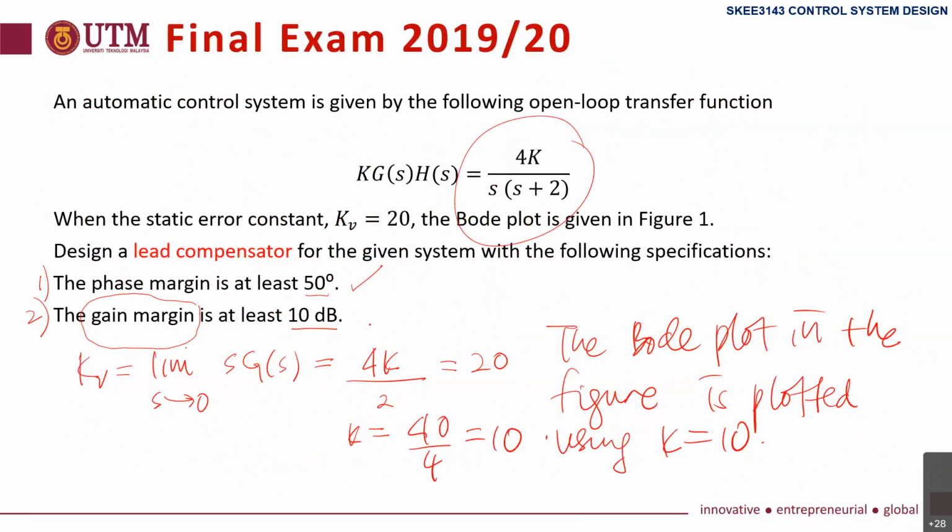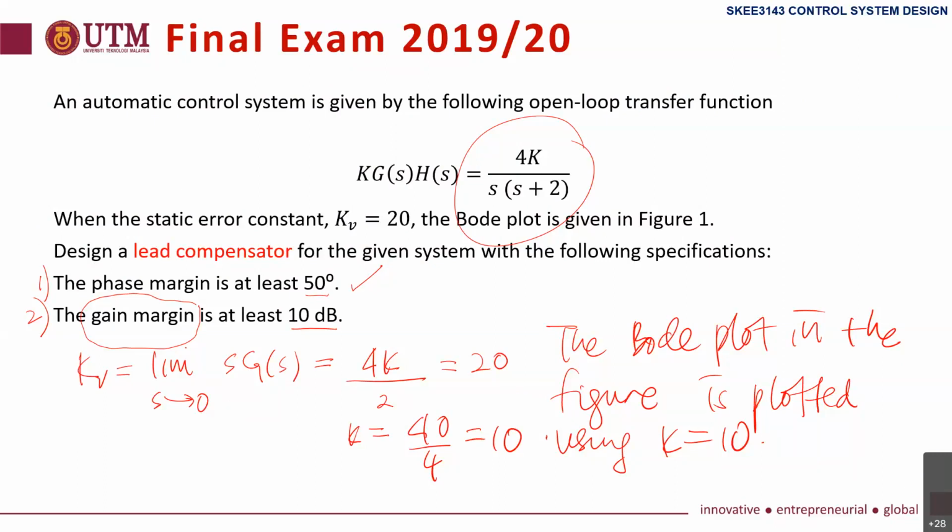Gain margin, we can only show whether it can be obtained or not. If we use MATLAB, it is easier: we design the lead compensator, then check the gain margin. If not, we have to slightly modify the lead compensator.